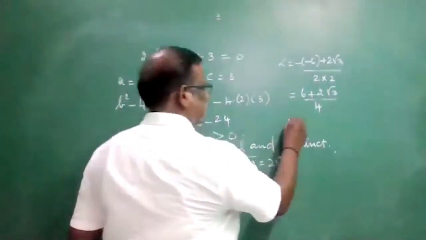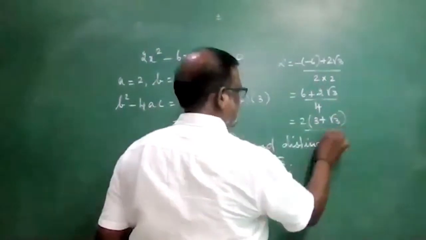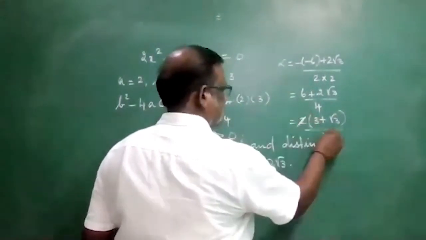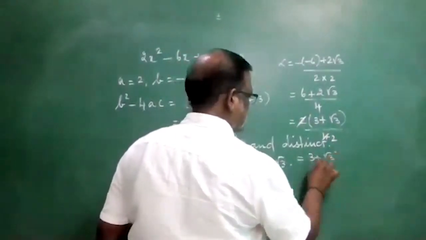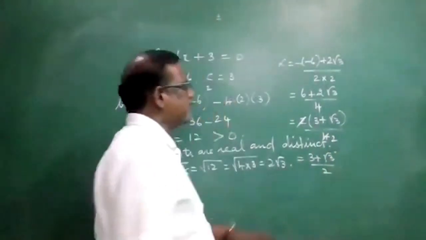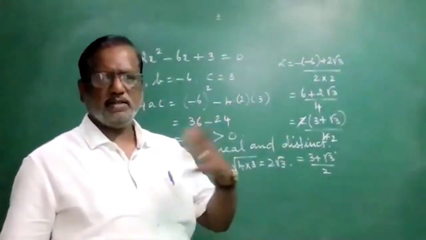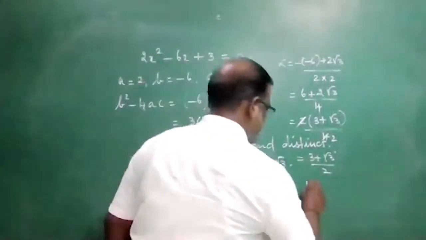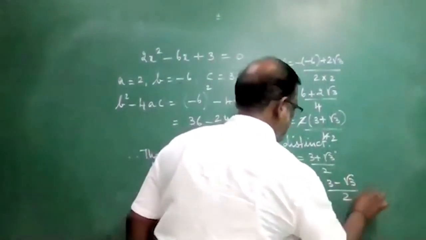So now I can take 2 common out. We'll get 2 times 3 plus root 3 by 4. Now I can cancel. Therefore, it will become 3 plus root 3 by 2. Once I get it, only then I change the sign for the beta. Therefore, beta is equal to 3 minus root 3 by 2.